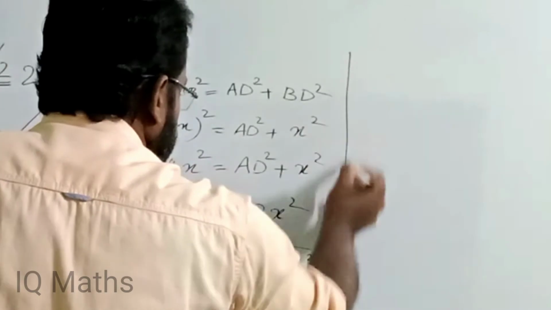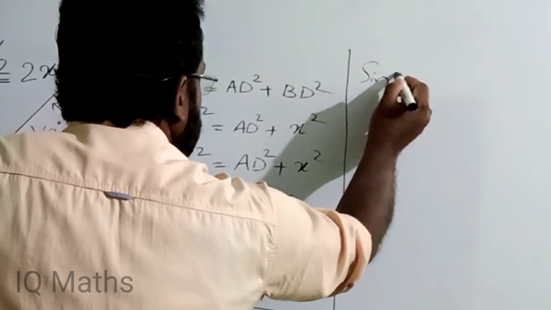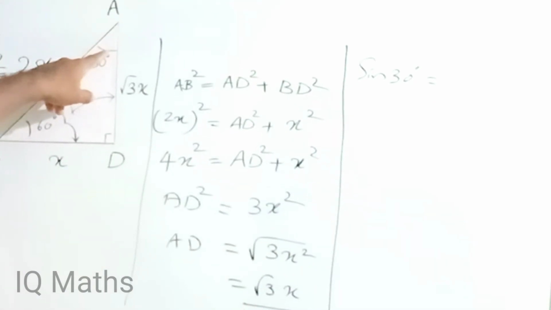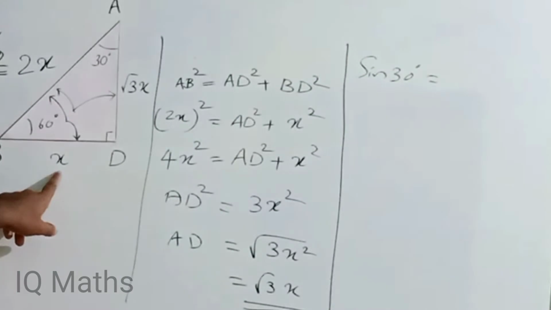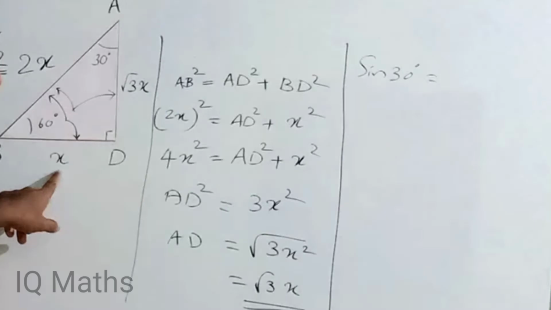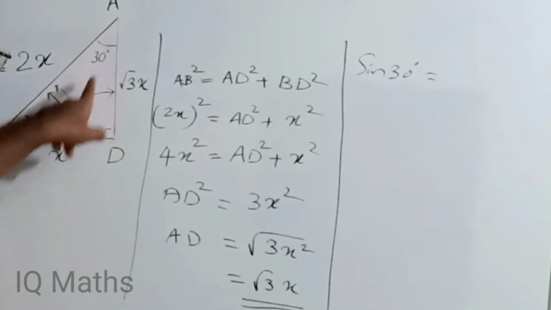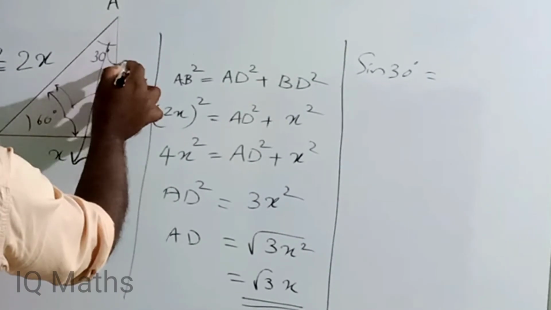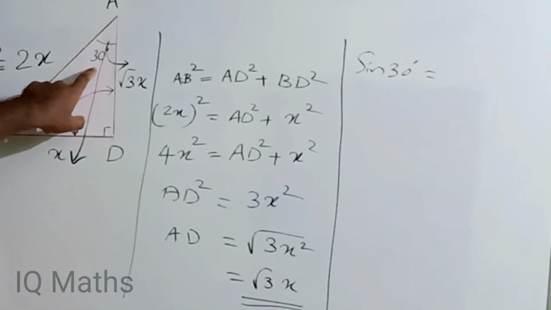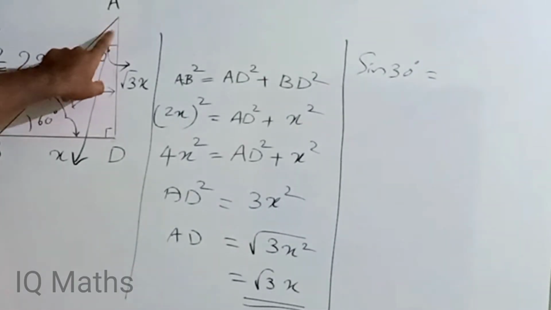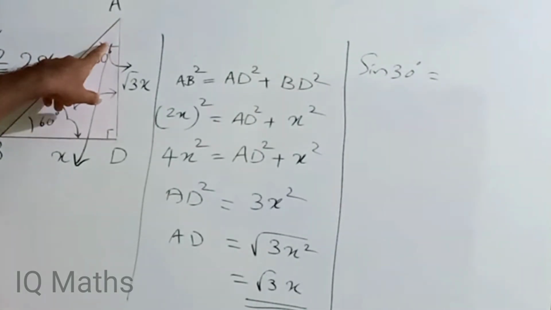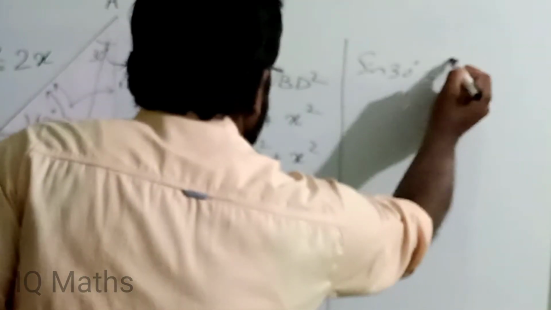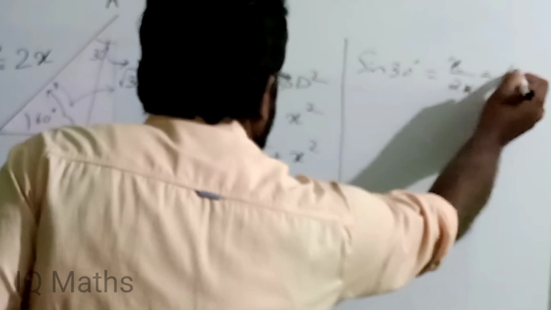Similarly, we can write sine 30 degree. Sine 30 degree means side opposite to 30 degree. That will be BD. Here we will consider this is opposite side and this is adjacent side for 30 degree angle. So sine 30 is equal to opposite side by hypotenuse. x by 2x, that is 1 by 2.